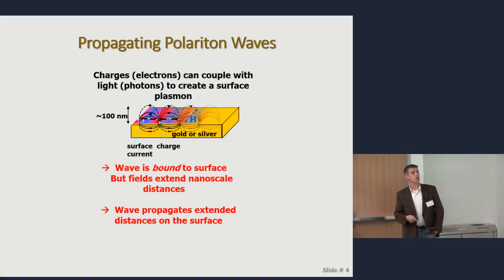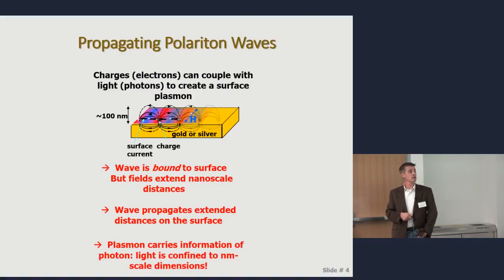But certainly waveguides have been demonstrated with propagation lengths that are reasonable for many potential applications. And also, this plasmon carries the information of the photon. So if you read it back out, you basically get the energy of that photon, the polarization, these things, right?